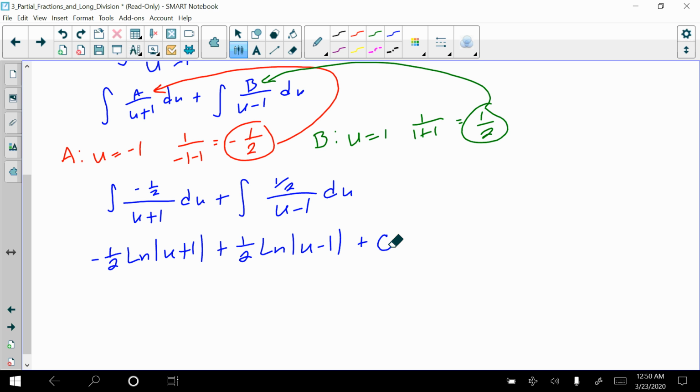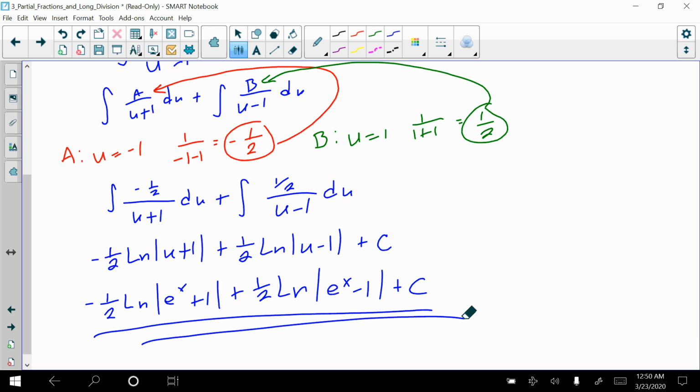Now that we've done our integration, we can substitute our u term back into the problem. That'll give us -1/2 times the natural log of e to the x power plus 1, plus 1/2 times the natural log of e to the x power minus 1, plus C. And again, if we really wanted to, we could condense that with properties of logarithms, but I'm not going to do that at this time.